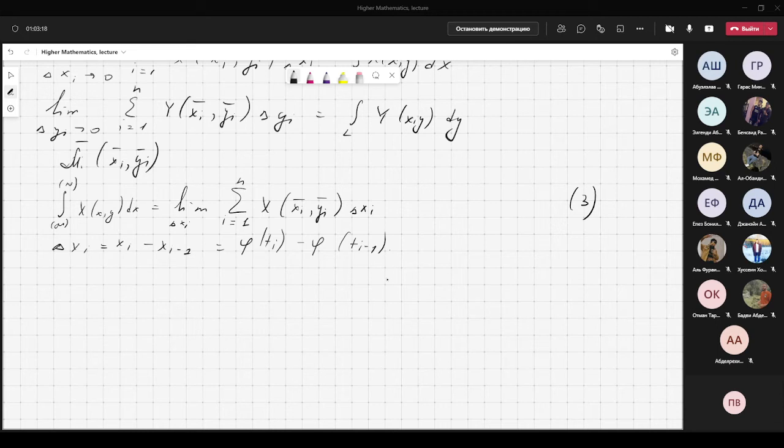Transform this latter difference by the Lagrange formula.